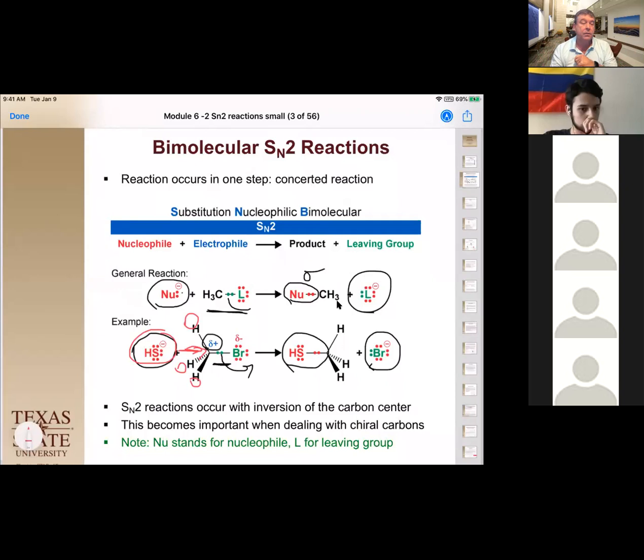So what does this mean? This means that we have to pay attention to the stereochemistry of our starting material. And when we have an SN2 reaction, we know we're going to get an inversion of that stereo center. But we still have to go back and look at priorities. So, all right.